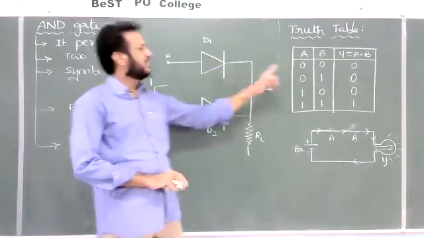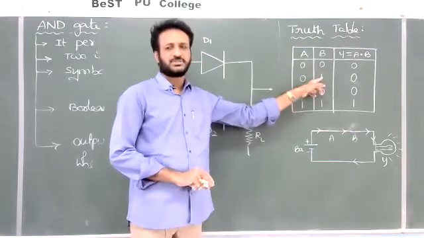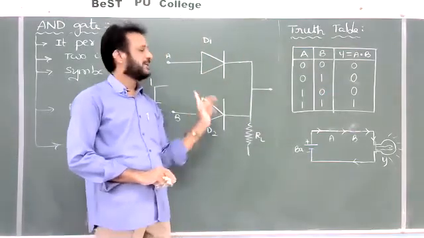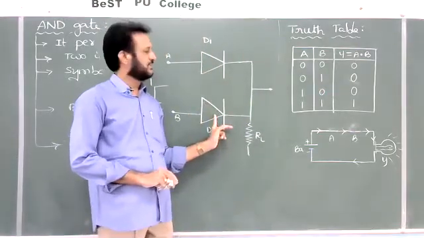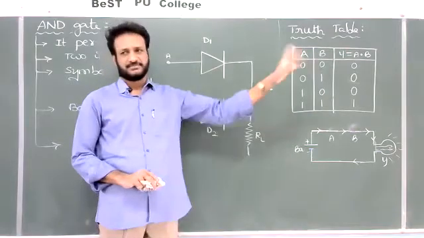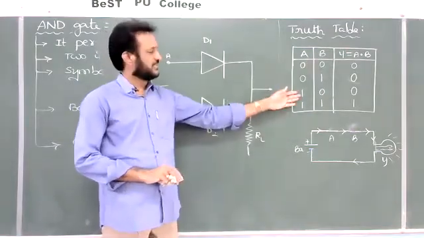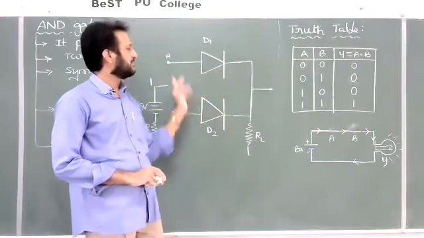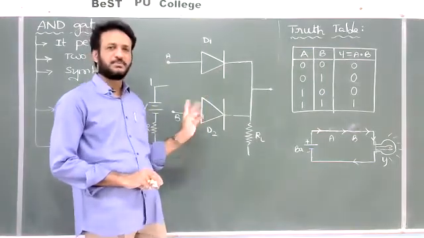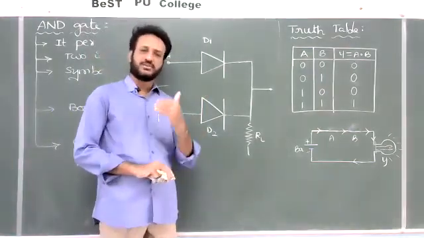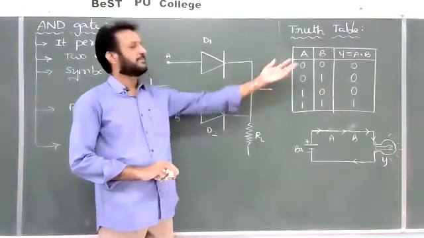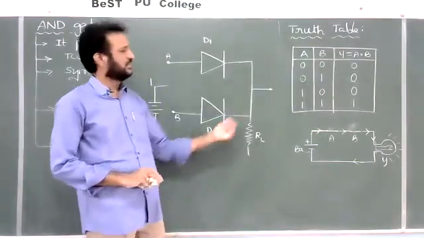Same way, A is 0, B is 1. So A acts like a reverse bias, B acts like a forward bias, correct? But the total value will be 0 only. Next also reverse. Whenever both have 1, 1, then automatically both will act like forward biases and allow the current, and also output will be present. So you can take it as equal to 1, you should write.